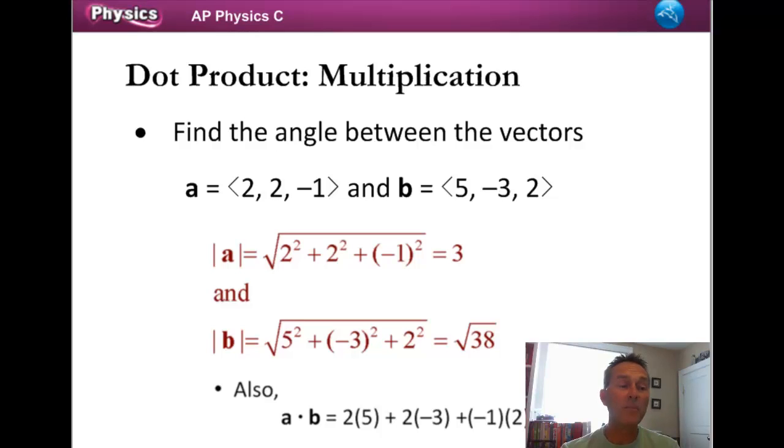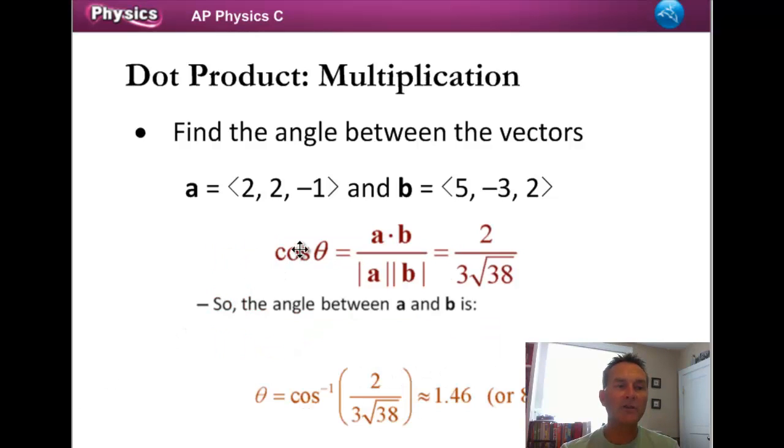Now, since I know the magnitudes and I know the dot product, I can go back to the equation that the cosine of theta is equal to A dot product B divided by the magnitude of A times the magnitude of B. So I take 2 divided by the two magnitudes, which is 3 times the square root of 38. I take the inverse cosine of this value, which gives me an angle of 84 degrees.